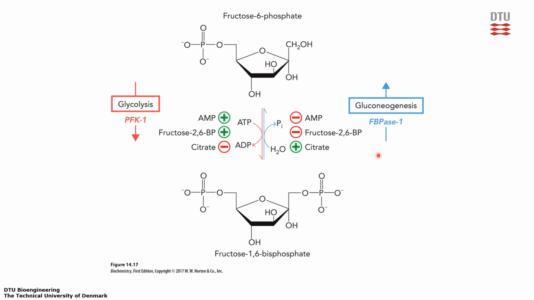So this is a regulatory element where we can regulate the production of glucose. This regulation is also seen when the source of the carbons for glucose is not pyruvate, but glycerol or the CO2 that is captured in photosynthesis. Then both citrate and the fructose 2,6-bisphosphate have an influence whether we go up or we go down on this slide.